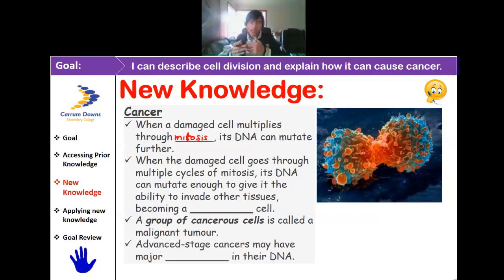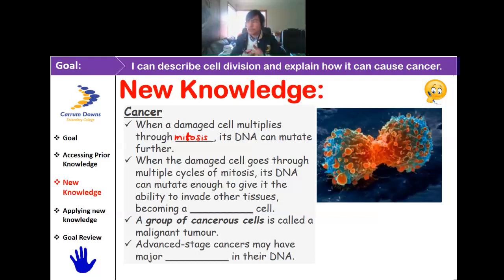But because the eggs and the sperm cells don't multiply themselves, they have less chance of mutating. So that's why mutations occur most of the time through mitosis. Very rarely it happens through meiosis. Okay, it can happen, and sometimes if it is a dangerous mutation, the child can get cancer. Okay, but it's very rare.